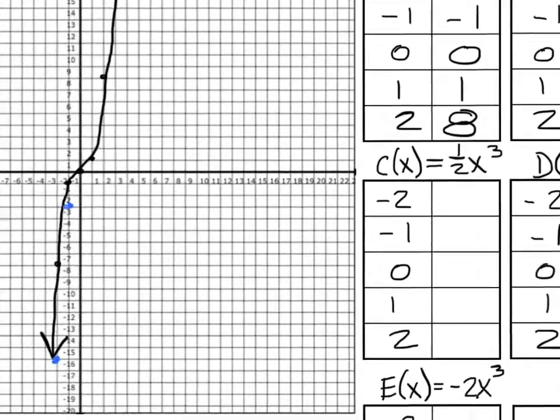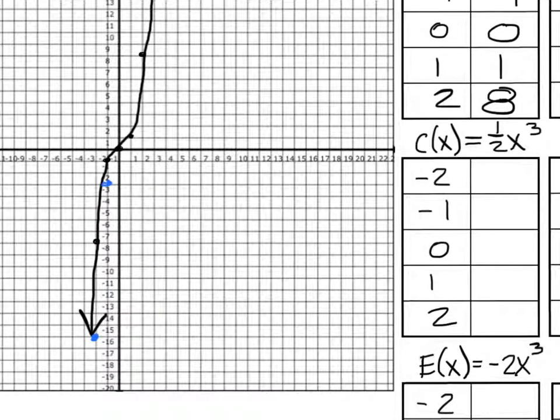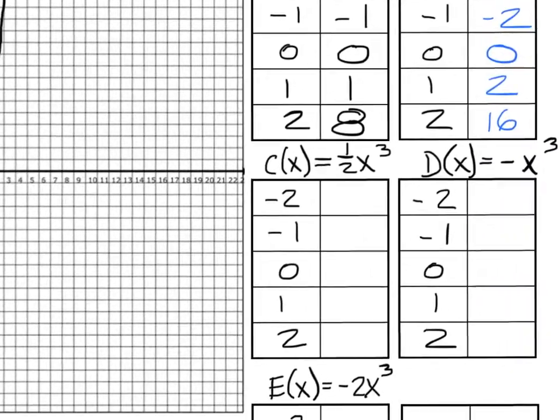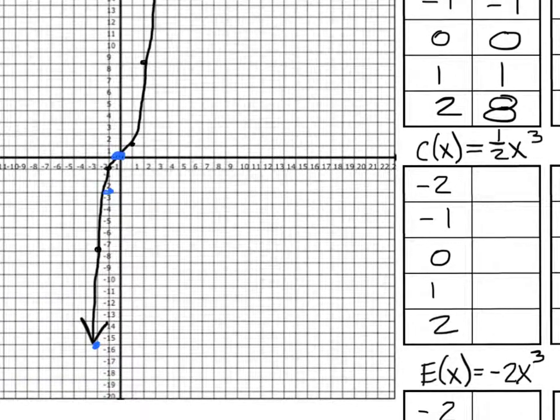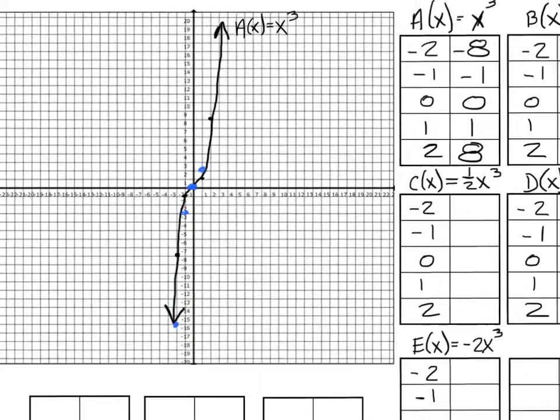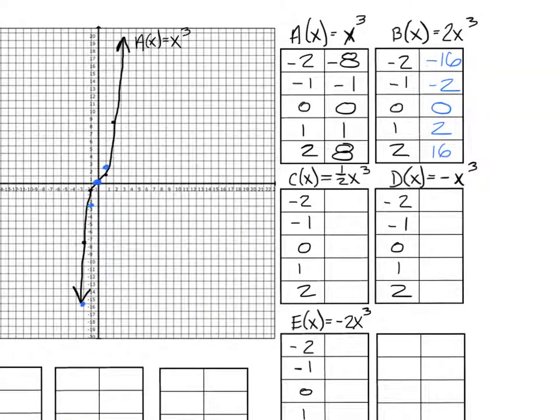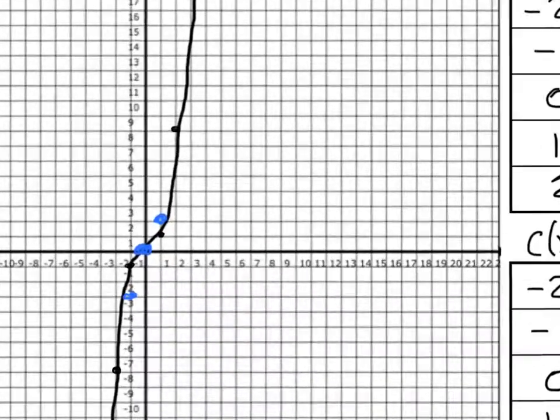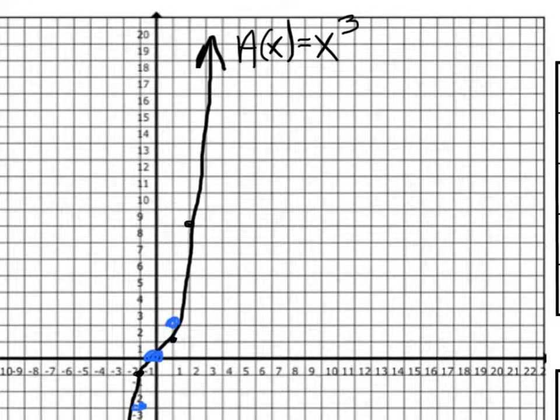And the next one is 0, 0. That's pretty easy. The next one is 1, 2. Over 1, up 2. And the next one is 2, 16. So we'll zoom in on this one, go over 2 and up 16.